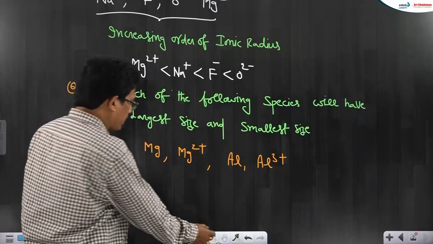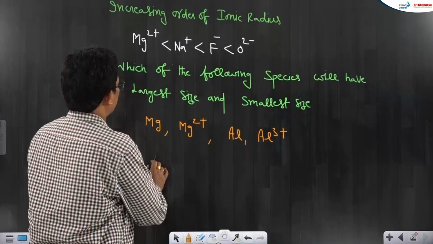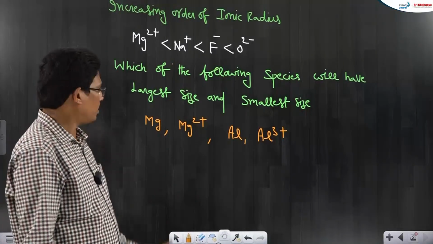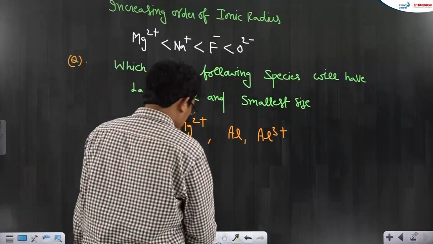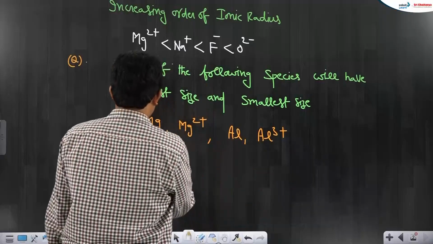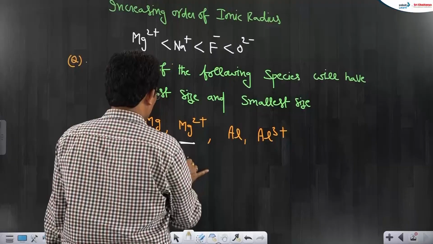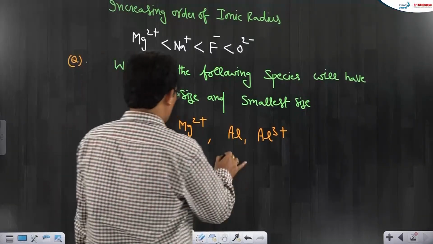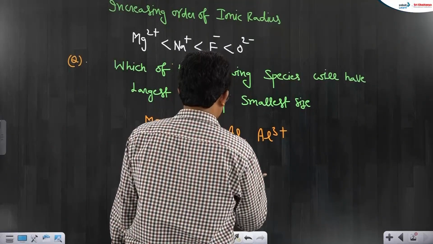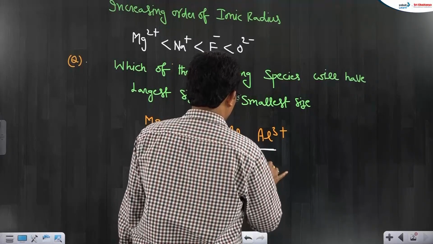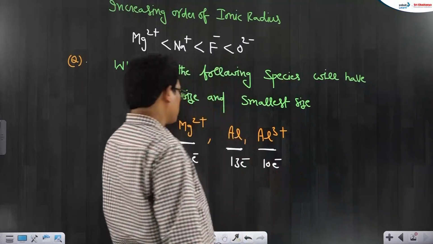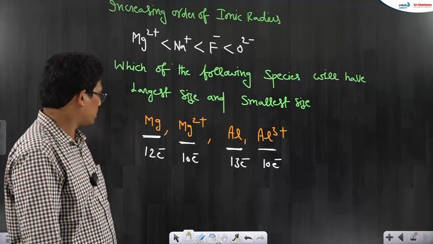By applying ionic radii, first of all observe whether all are isoelectronic or not. Mg has 12 electrons, Mg2+ 10 electrons, aluminum 13 electrons, Al3+ 10 electrons. These are not all isoelectronic.